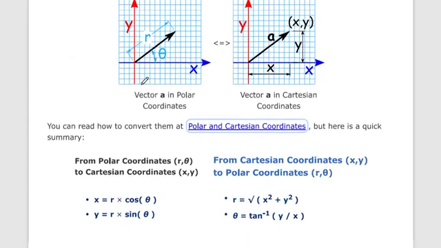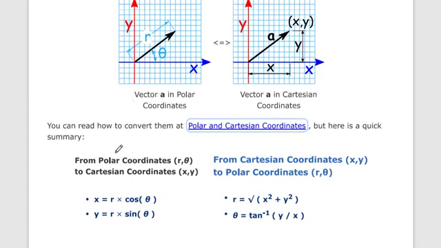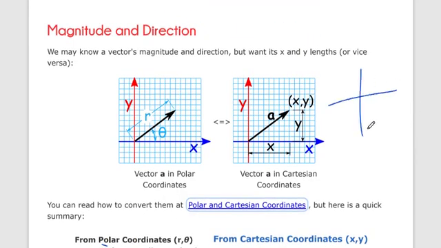Okay, now let's talk about magnitude and direction. There are 2 coordinate systems, one is polar coordinate and one is Cartesian. Cartesian you already know about. What is a Cartesian? It is x and y, sorry, this is y, this is x, x and y coordinate. But in polar coordinate we have to represent them with the angle theta and its magnitude.